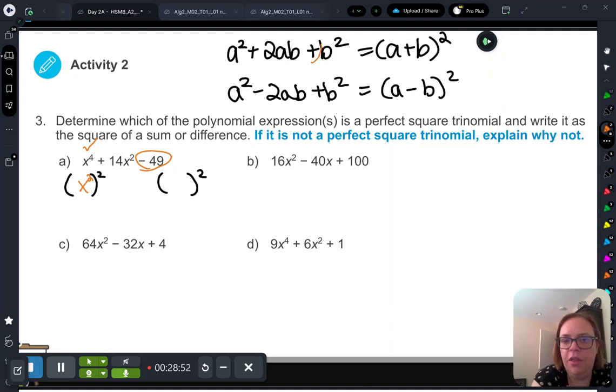Notice in both of these, this has to be positive. If you put 7 here, that would give you positive 49. If you put negative 7, that would give you positive 49 also. So this one is not a perfect square trinomial, and that is because of the minus sign right there.